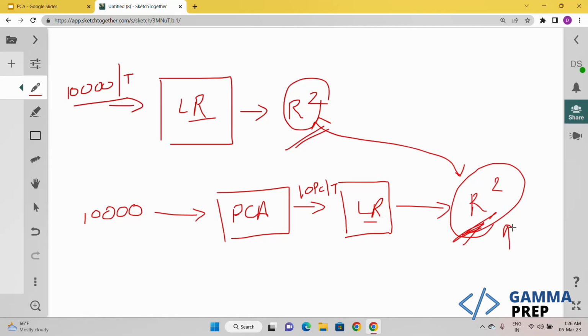And the R square that you get with the 10 principal components should not be very, very low compared to the one that you got with the 10,000 features. So this R square should be almost the same as this R square, or this R square can be a bit less, because obviously you're trading a bit of performance for simplicity, right?